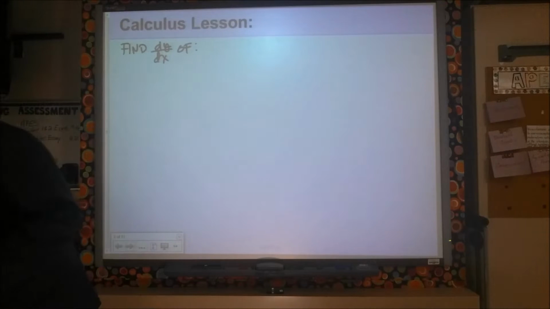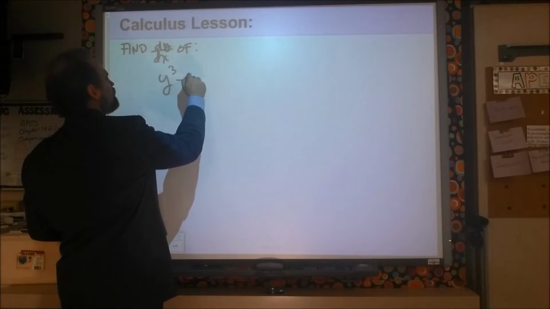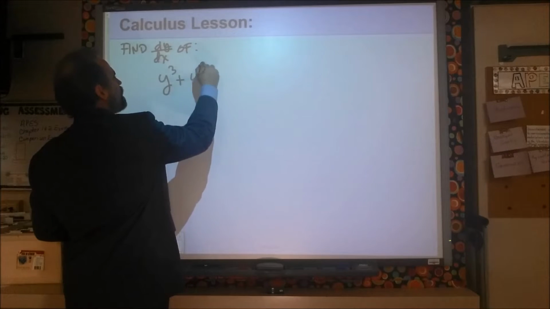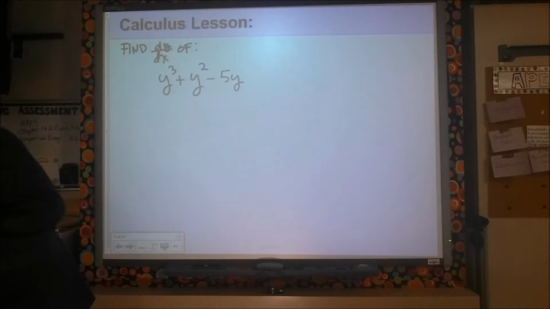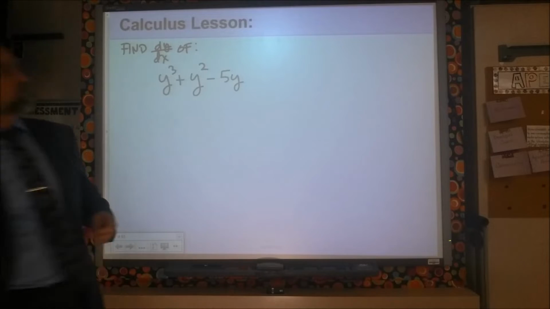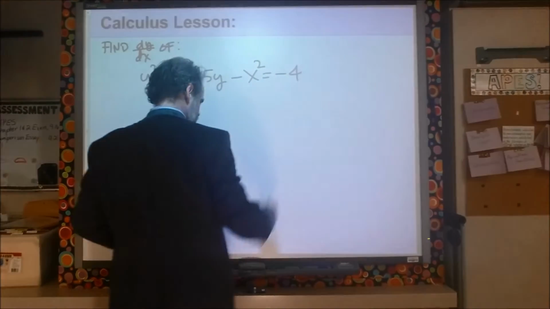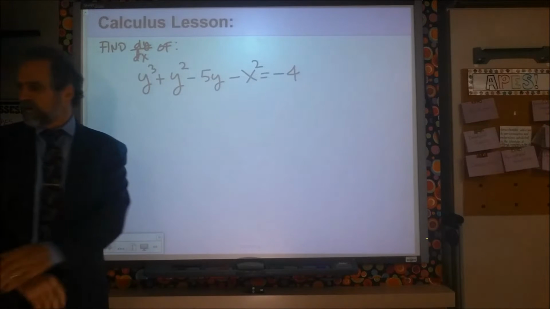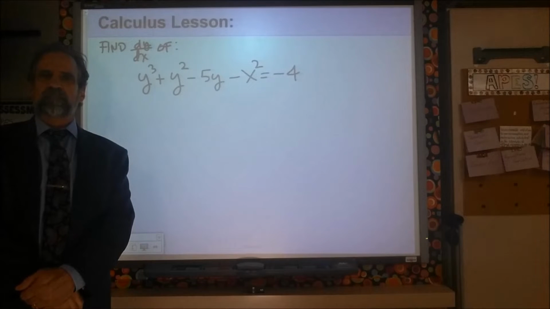Now, I'm going to write it this way: y cubed plus y squared minus 5y minus x squared equals negative 4. Okay, so just look at that for a moment and ponder how you might do that.